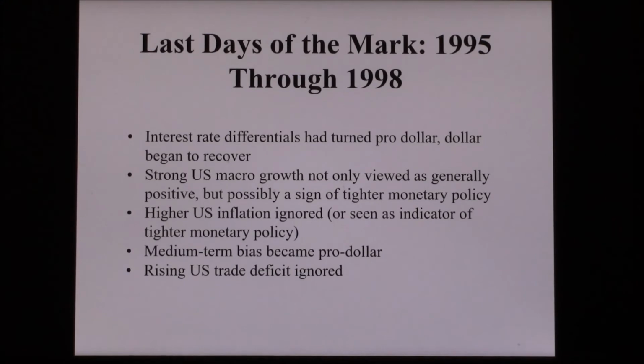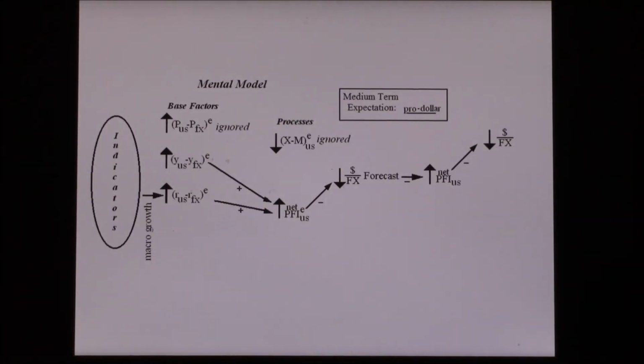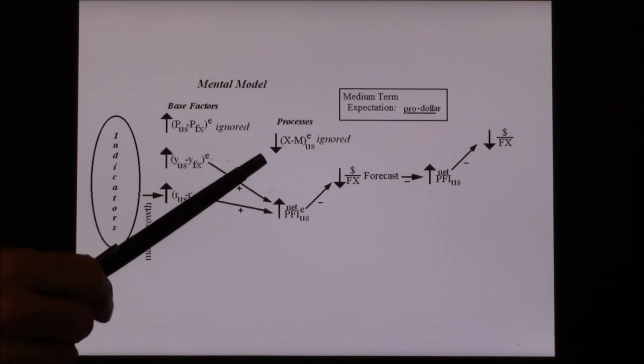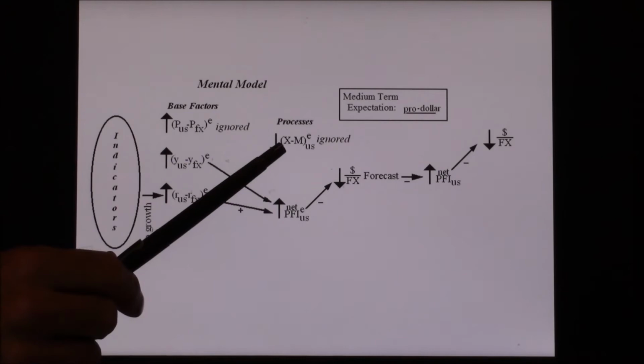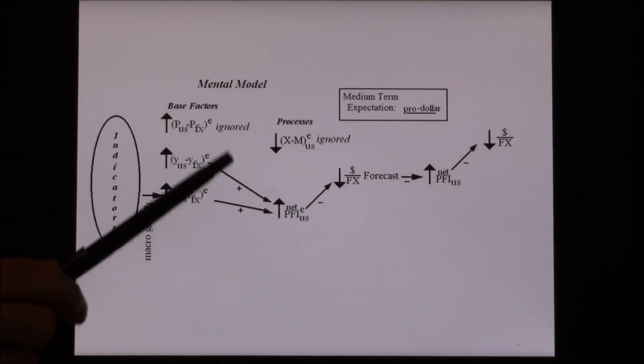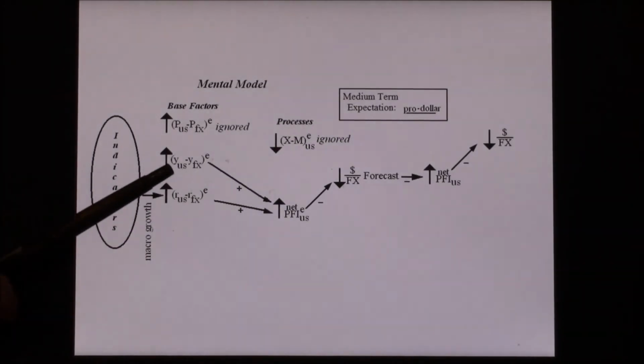Medium-term bias had become very pro-dollar, and the rising trade deficit, when the economy is expanding, as explained earlier, is almost always going to lead to a trade deficit or a decrease of your trade surplus. And so what have we got here? The worse inflation was ignored. So we were worse on inflation, we were worse on trade deficit. That was all ignored because of this pro-dollar medium-term bias.